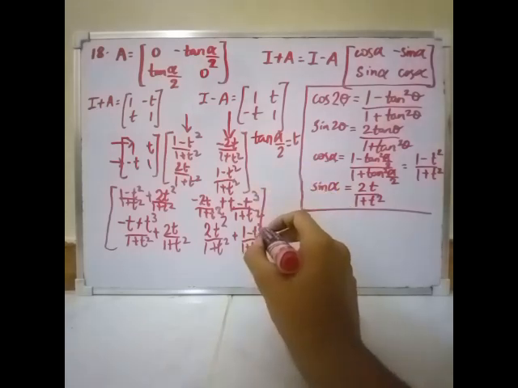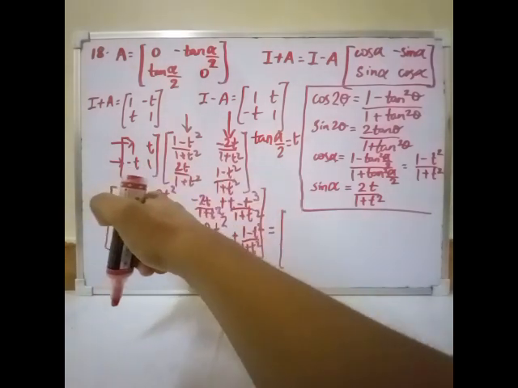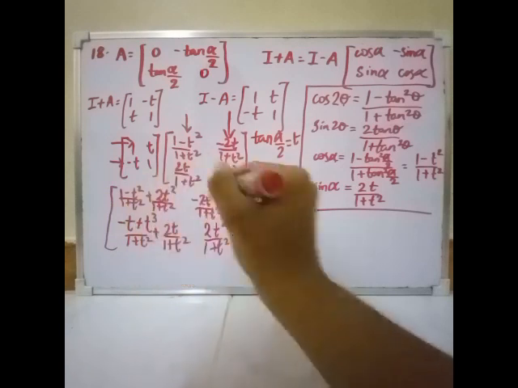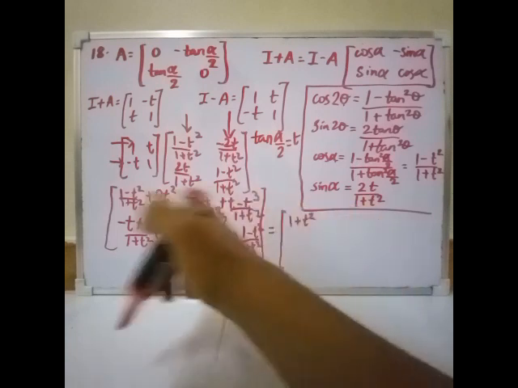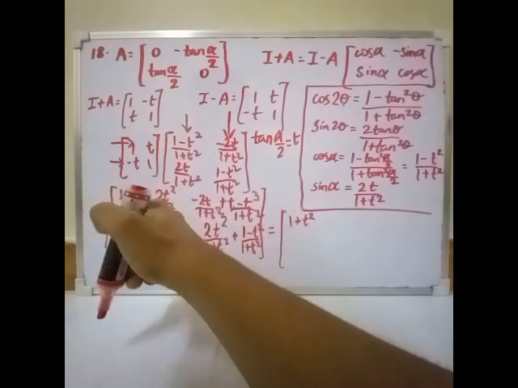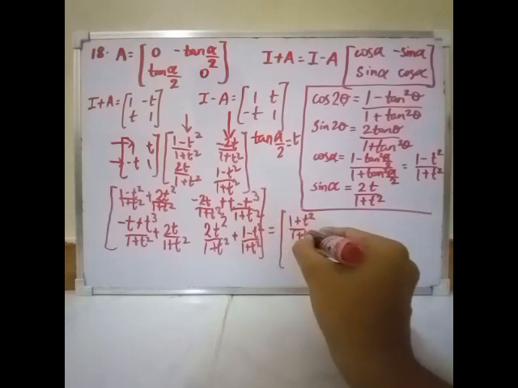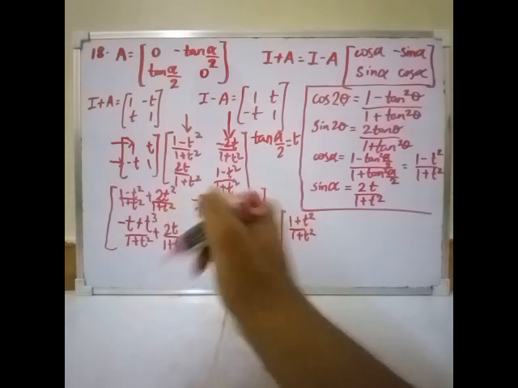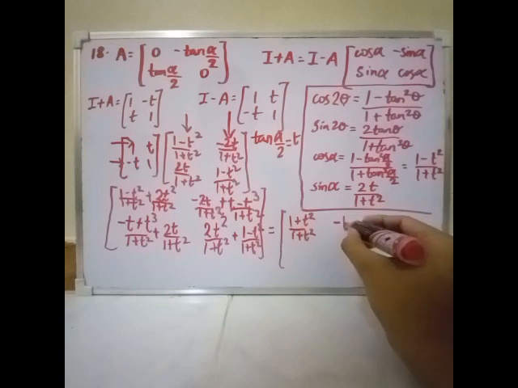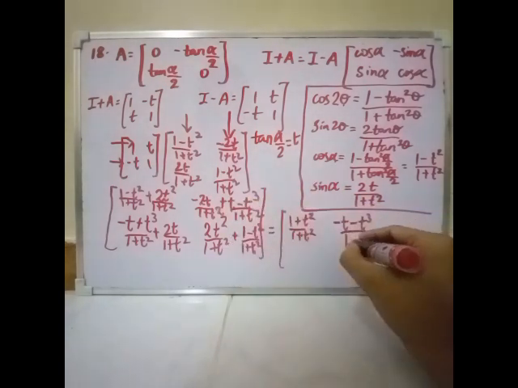So now you have to just simplify. So 1 minus t squared plus 2t squared, it would be 1 plus t squared, because 2t squared minus t squared would be 1t squared, and writing the same denominator. Now t minus 2t would be minus t, and minus t cubed is already there, and we can write the same denominator.